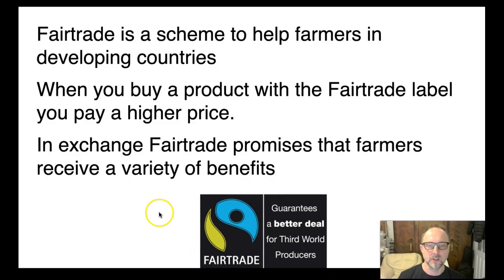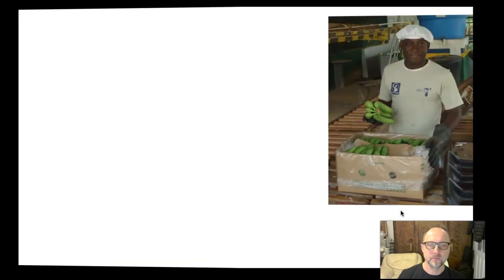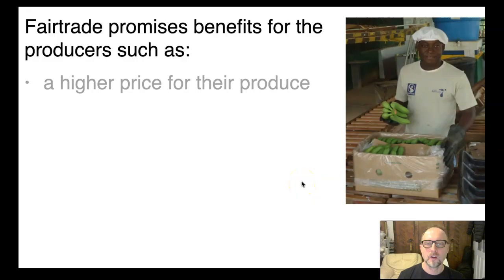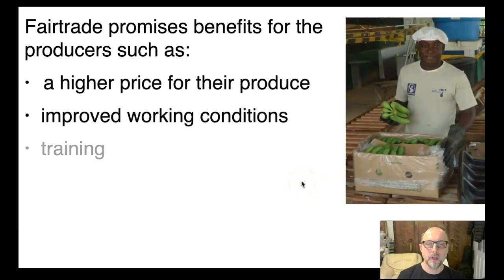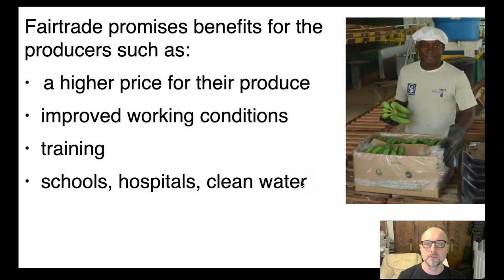So that's the fair trade logo here. Guarantees a better deal for third world producers. So fair trade promises benefits for the producers, such as a higher price for the produce, improved working conditions, training, and things like schools, hospitals, and clean water.